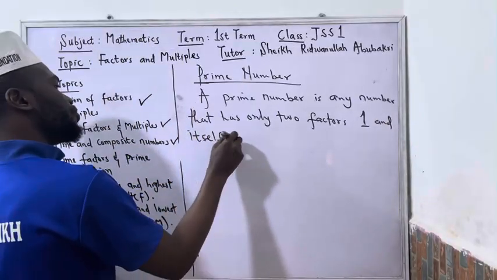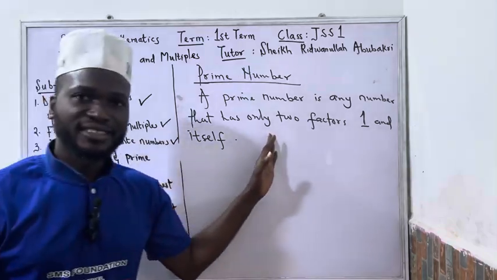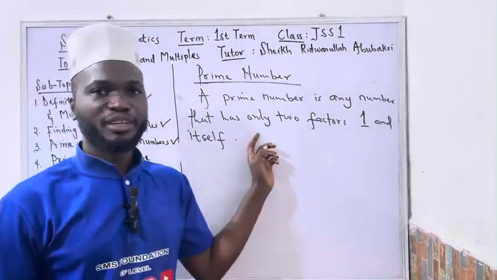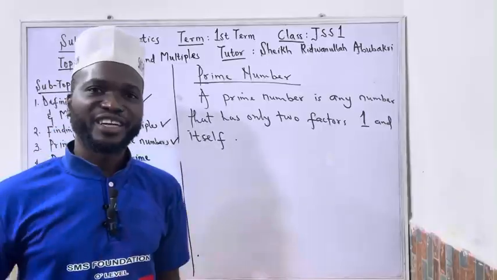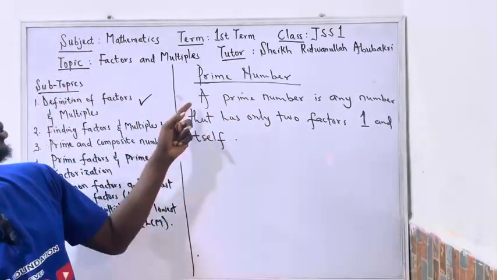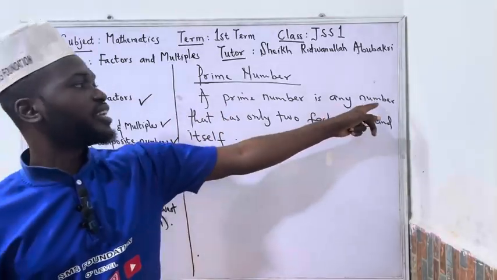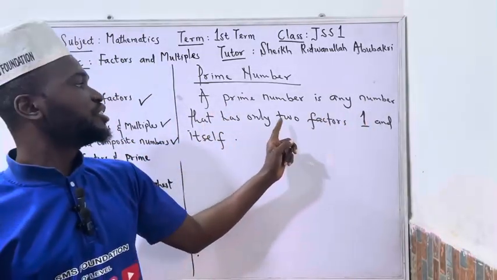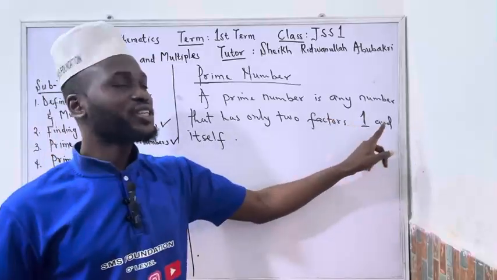So what this is saying is that that number that we are talking about, a prime number can only be divided by 1 and itself. So that's the meaning of this statement. That's why we say a prime number is any number that has only 2 factors, 1 and itself.